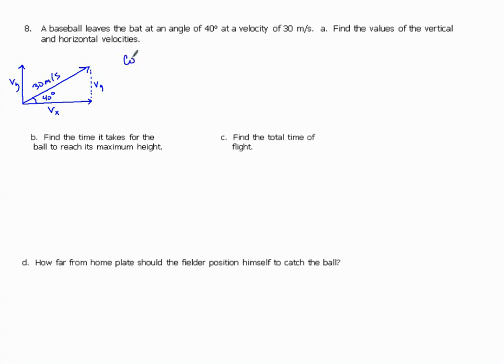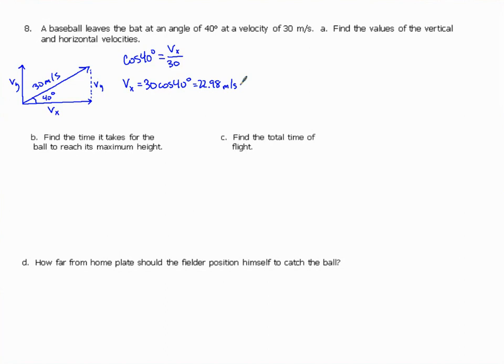So we need cosine of 40 degrees equals the horizontal velocity divided by 30. Or you could skip that and say Vx equals 30 times the cosine of 40 degrees, which is 22.98 meters per second.